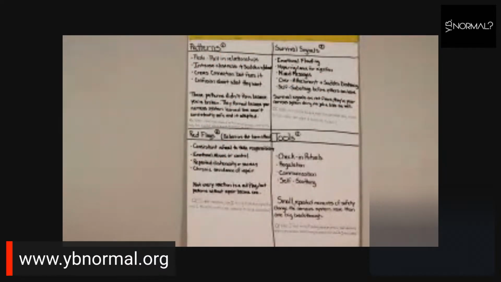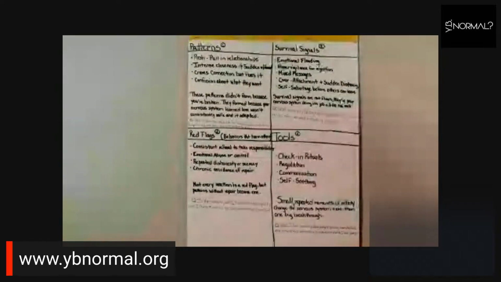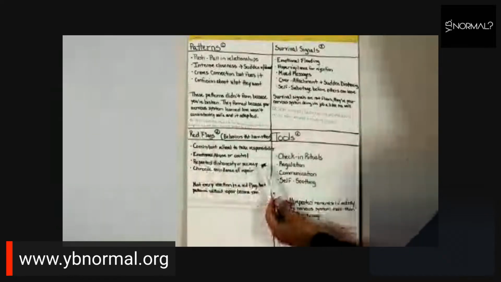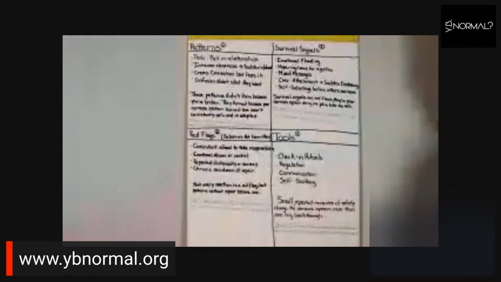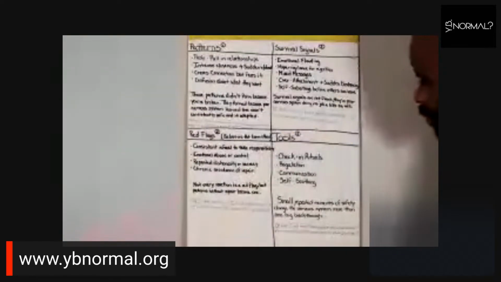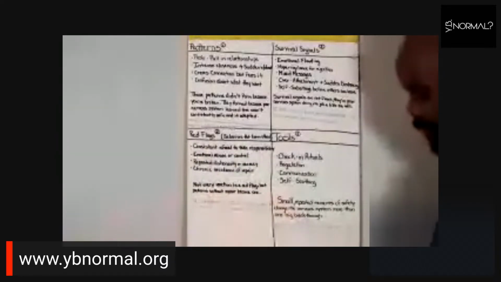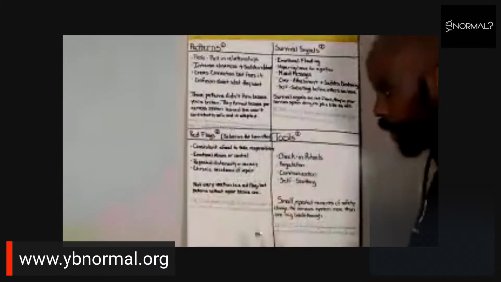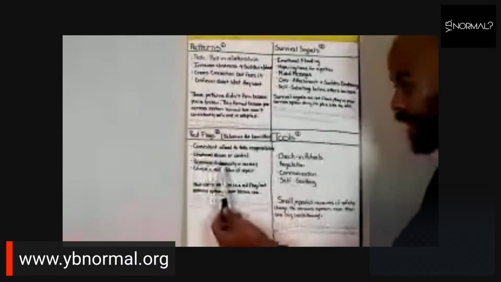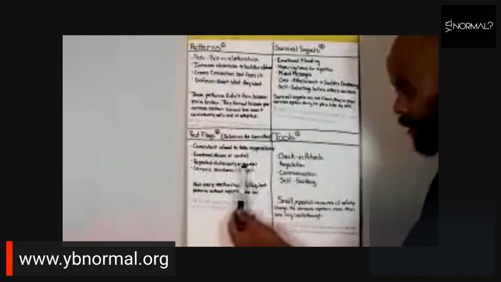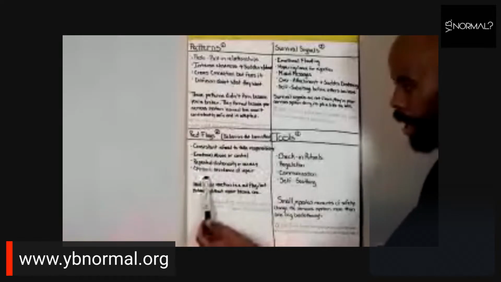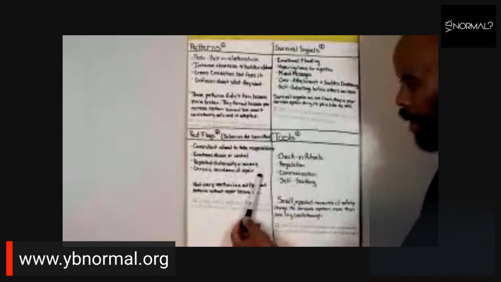All right. So again, we are talking about the fearful avoidant attachment style. We're going to talk about red flags, so behaviors that harm others. Consistent refusal to take responsibility, emotional abuse or control, repeated dishonesty or secrecy, chronic avoidance of repair.